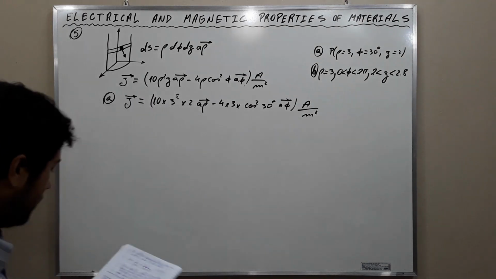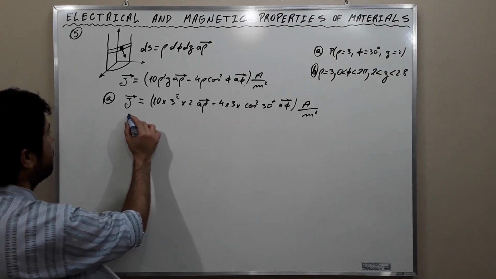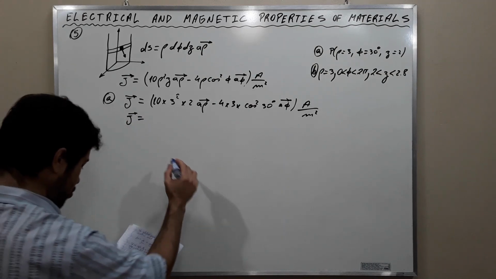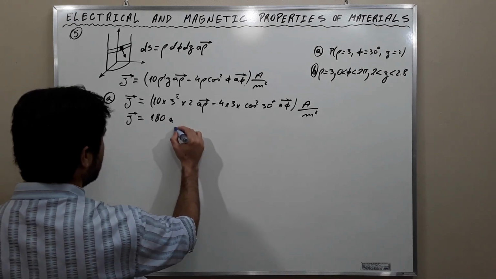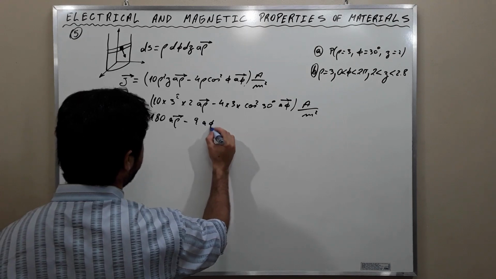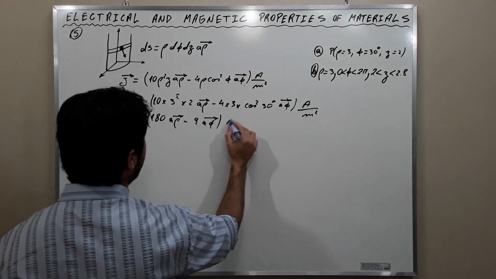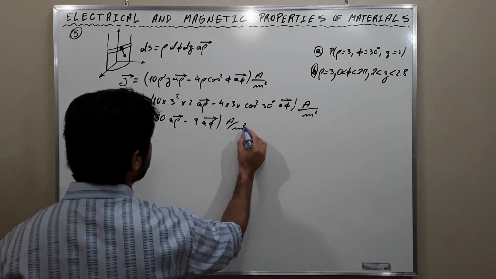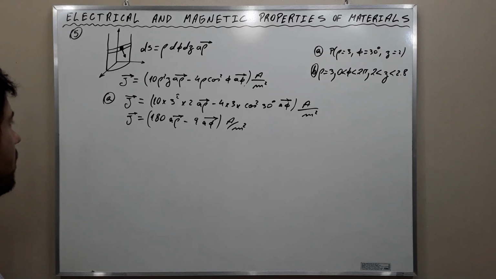Ultimately we find that J is equal to 180 in the a rho direction, minus 9 in the a phi direction, amperes per square meter. Okay, this is letter A.